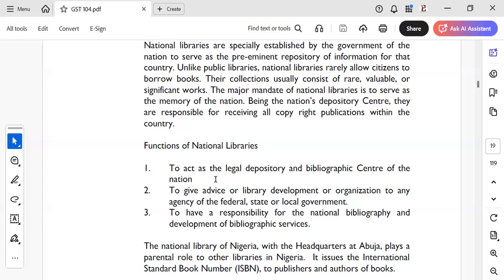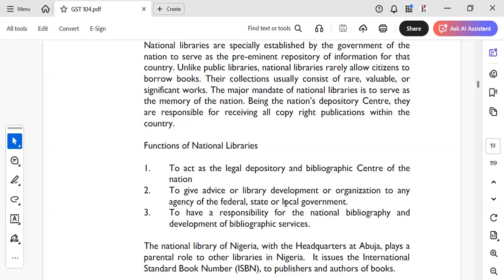Last year, we opened 10 refineries in the country. The library will record it. Every landmark and milestone that the country is covering day by day, year by year, month by month is being recorded. That's why they say it's like the memory of the country. That is what you find in that library. Another function is to give advice on library development or organization to any agency of the federal, state, or local government.